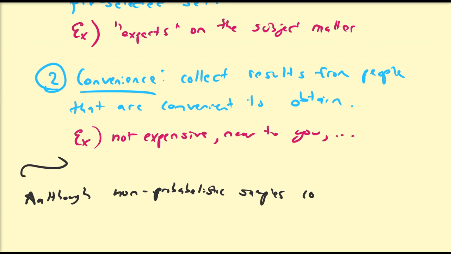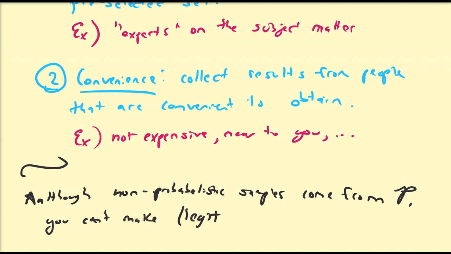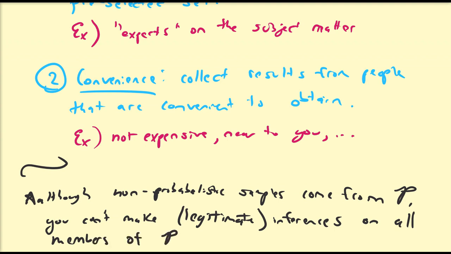Even though they come from the population P, because if it doesn't come from the population, then it definitely is not a sample, you can't make legitimate inferences on all members of the population P. So what does that mean?